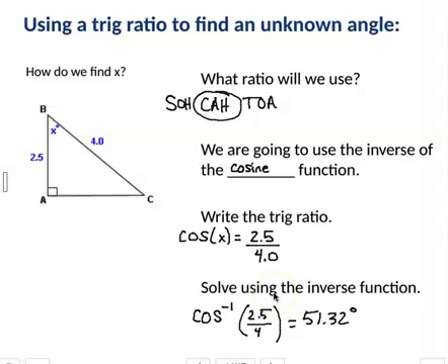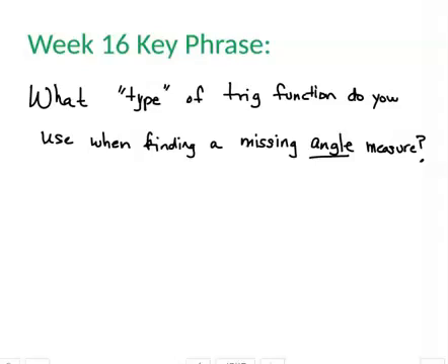But again, a rule of thumb is when you're finding an unknown angle measurement, you have to use the inverse function key in order to find that missing angle. And that's it. For the key phrase this week, we looked at how we can use trig ratios to find missing sides and missing angle measurements.